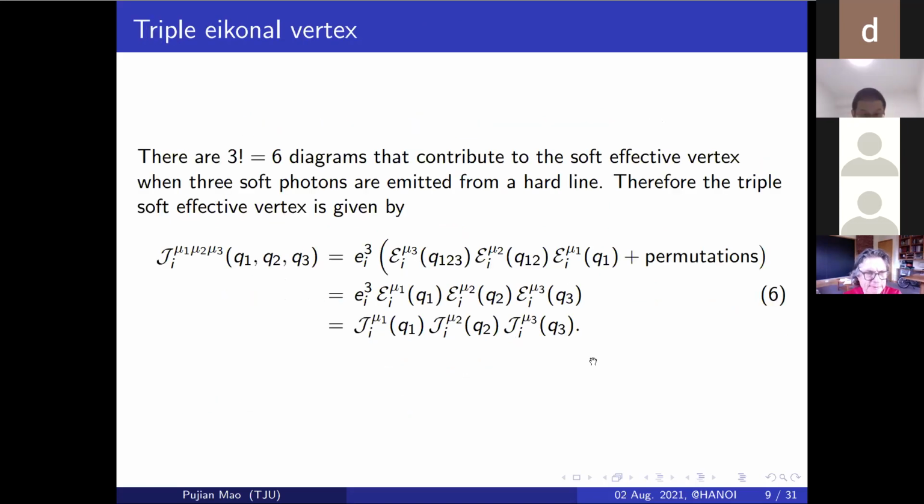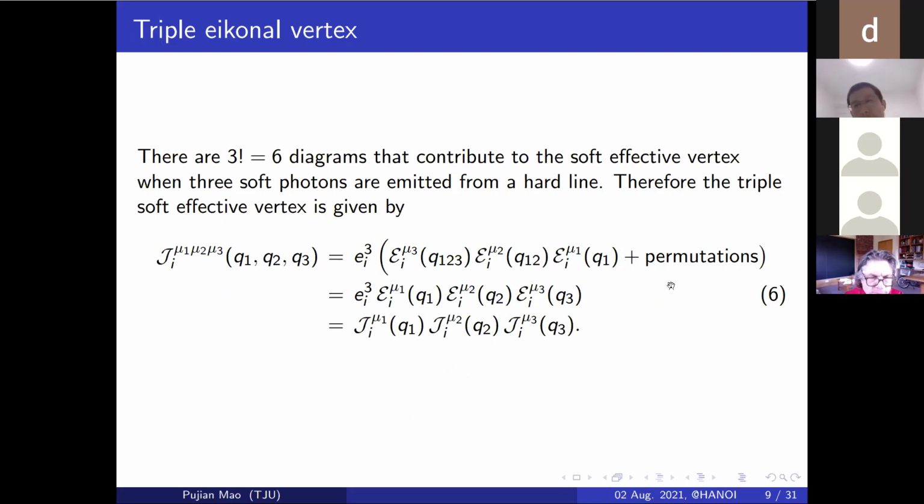Then, once we have one soft particle, two soft particles, you want to check for 3 soft particles. There you have 6 diagrams, and I think it's just a very straightforward computation, you take the sum of all these 6 terms.